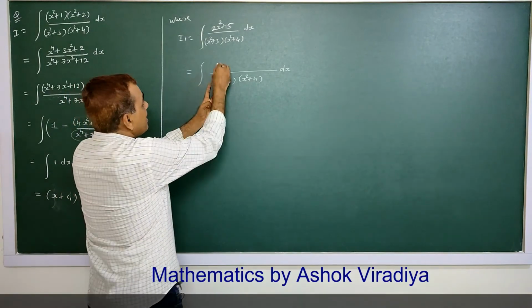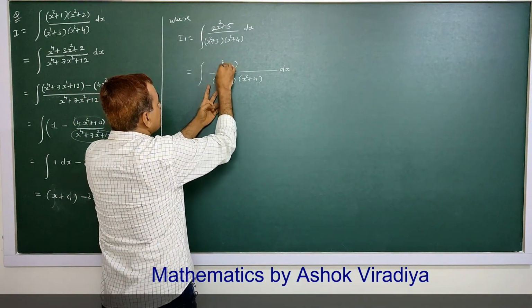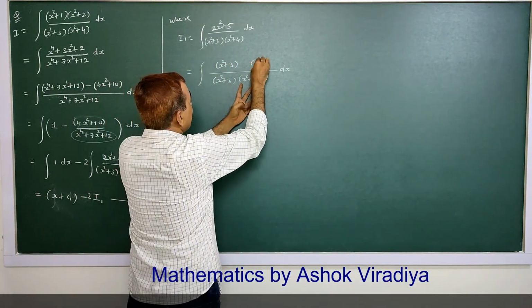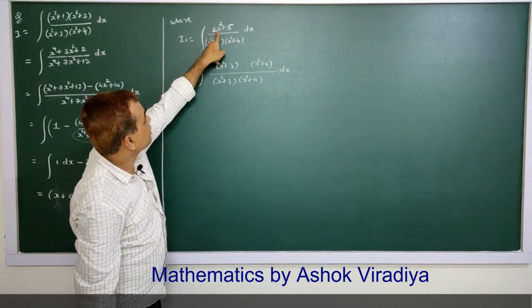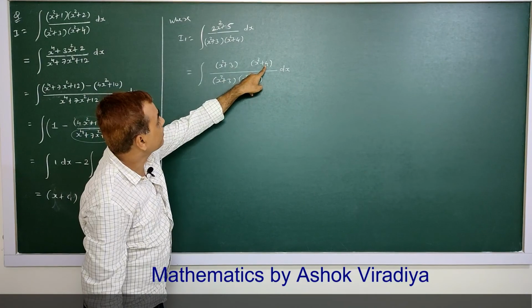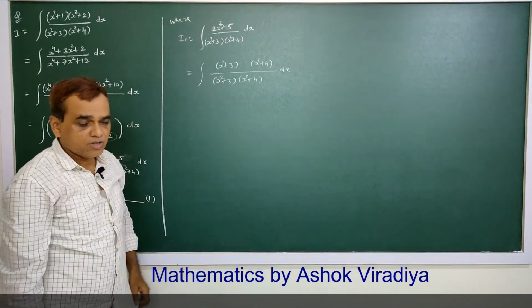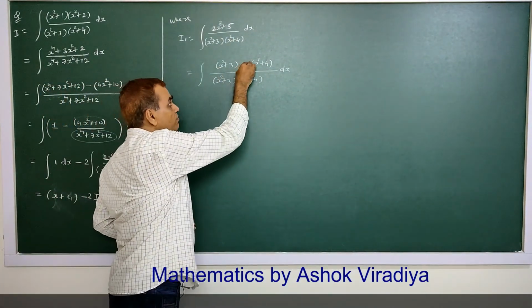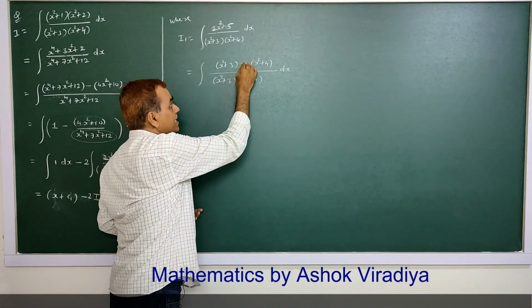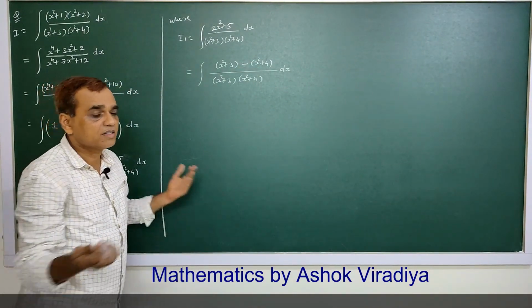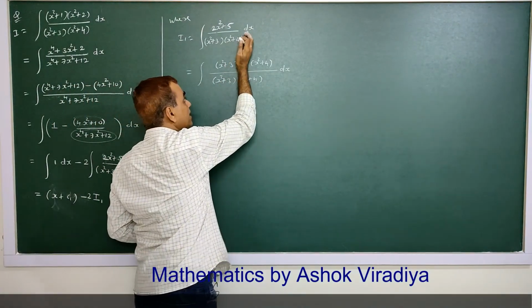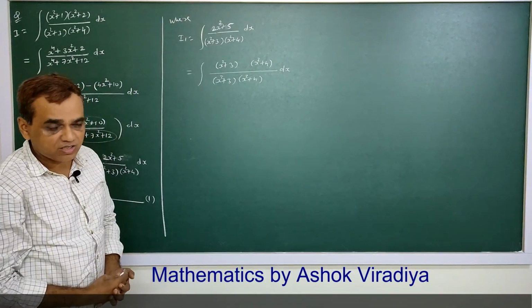See, this factor I am putting here. If you add them it will be 2x^2, but 3 plus 4 is not 5. So adding both factors or subtracting both factors, the work cannot be done. So we have to think about a new combination.